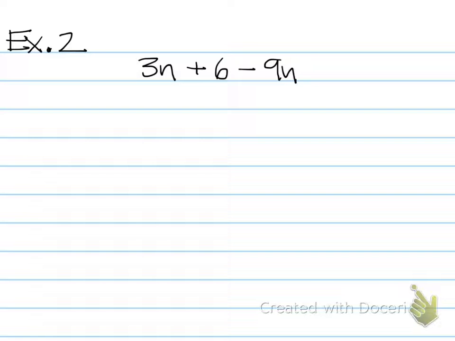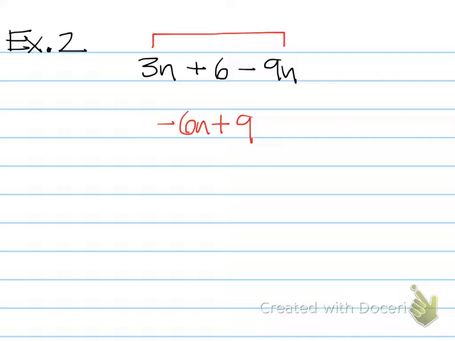Next example, 3n plus 6 minus 9n. The like terms in that expression are 3n and negative 9n. Because those are like terms, we add the coefficients. 3 plus negative 9 is negative 6. So negative 6n plus, that should actually be 6.